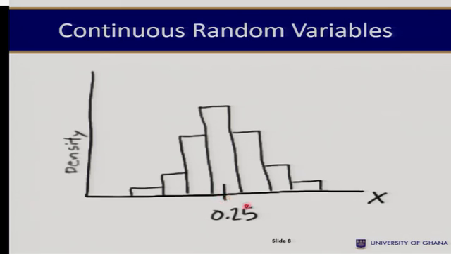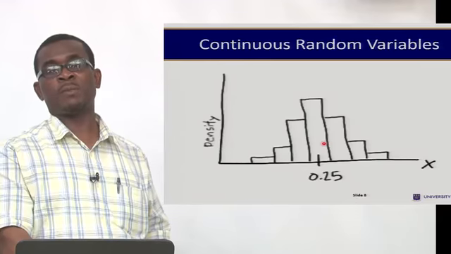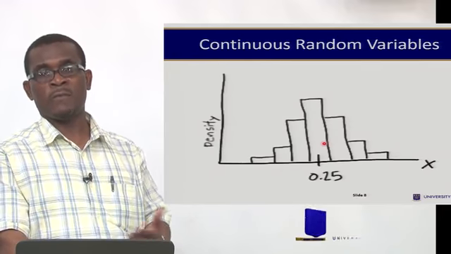But because of some variability, some might be slightly less than 0.25, others might be slightly heavier, but we expect the bulk to be around 0.25. That's why we have the highest bar centered on 0.25. You could do this for a sample size of 30 or 50.